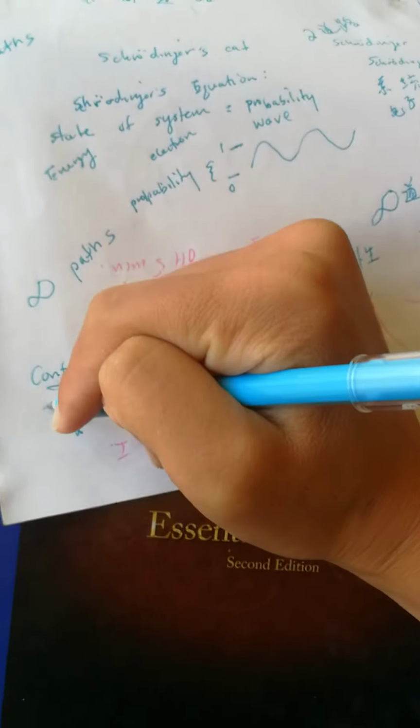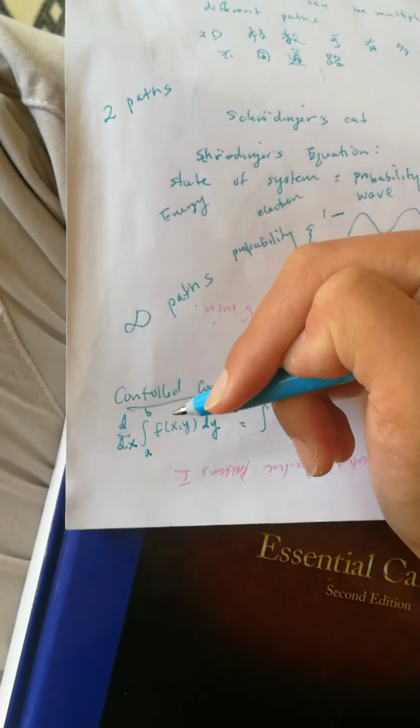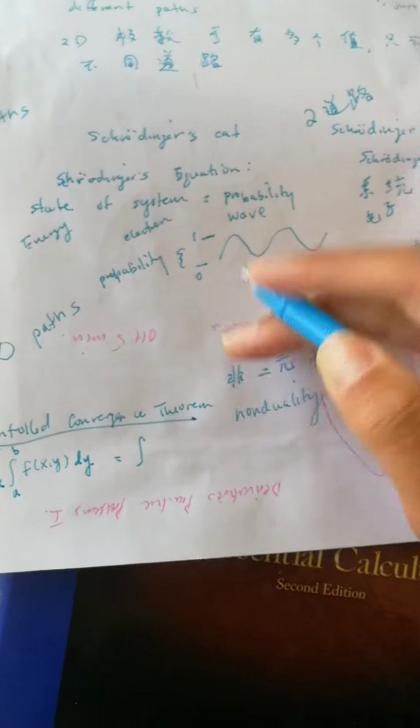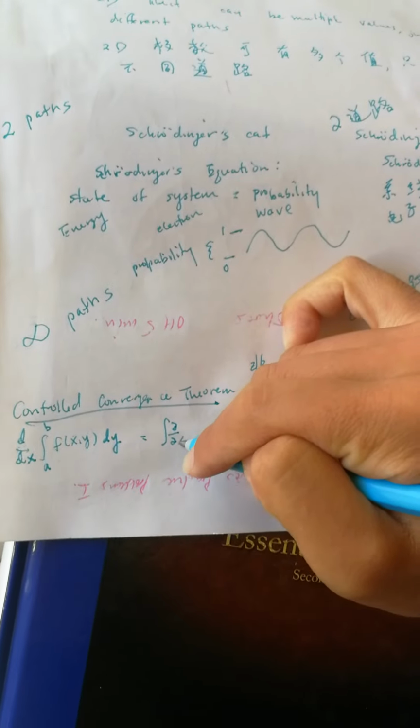So this is basically telling us when the derivative of the integral equals the integral of the partial derivative.